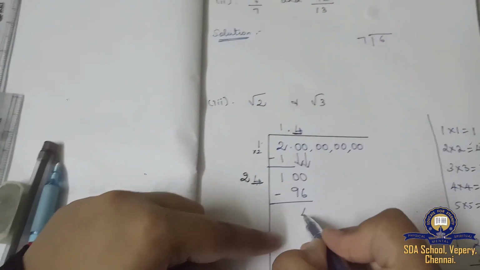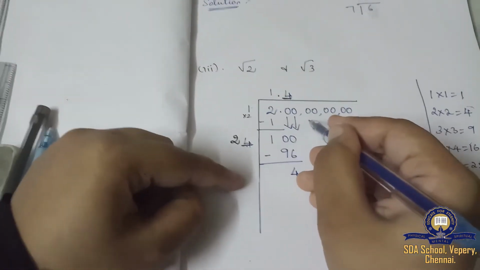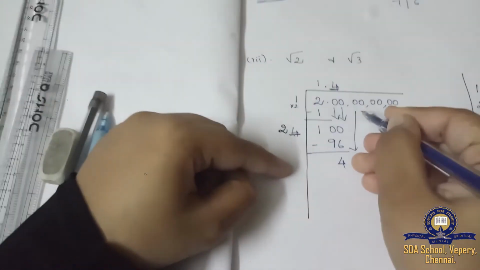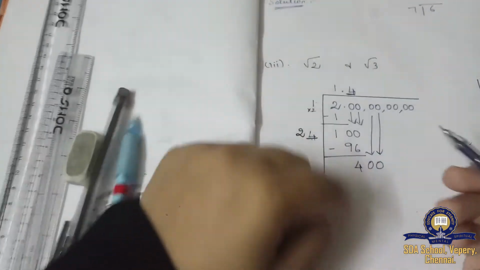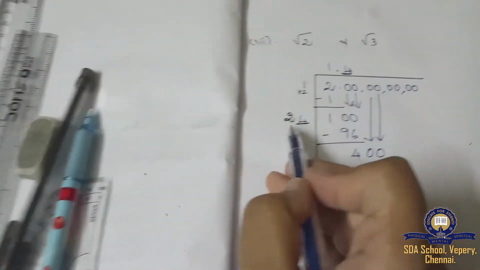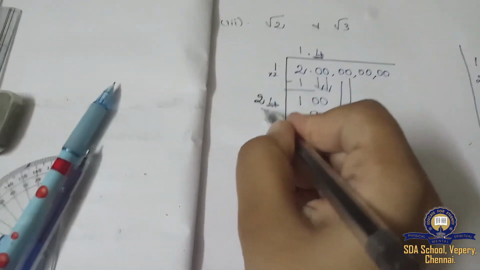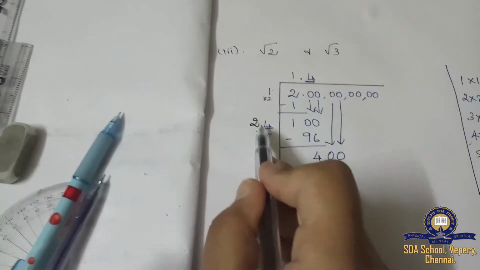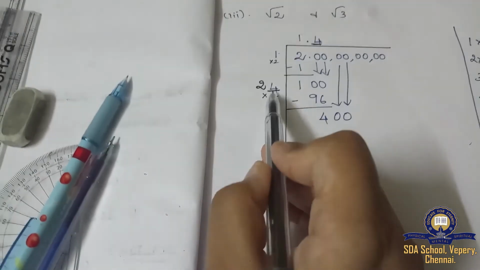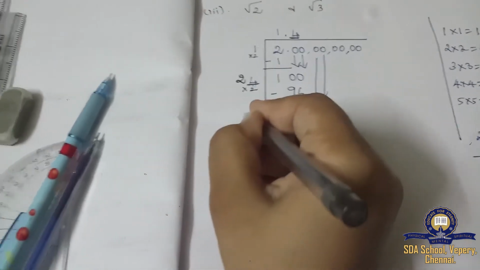Now what happens? I have to bring zeros down. Again I'm repeatedly telling you, we have to bring both together down. Next step, you have 24. Again you have to multiply 24 by 2, just the unit place, not the tens place. So 4 into 2 will give me 8. Then 2, as it is, comes down.